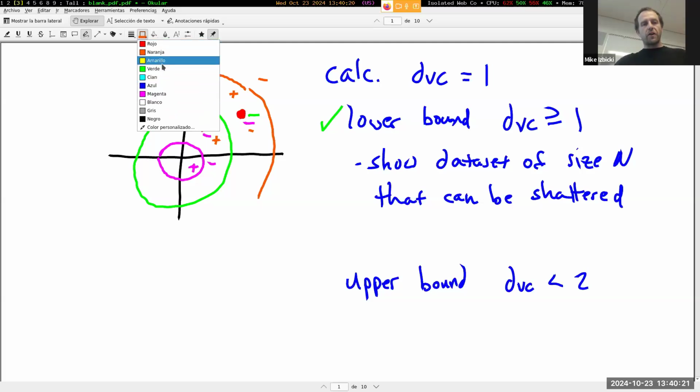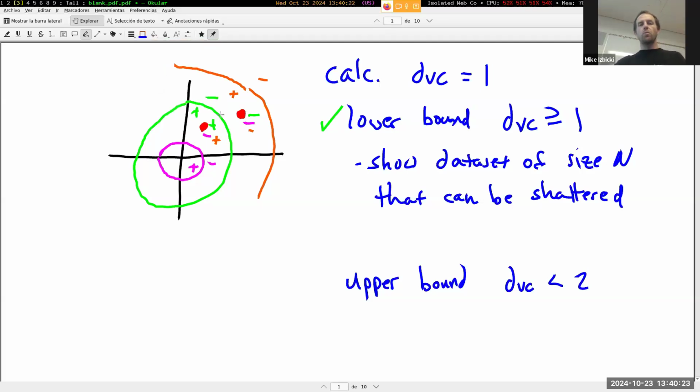But it turns out that there is no possible way that you can draw a circle here that will cause this inner point to be negative and this outer point to be positive. So a negative, positive like this. There's no way for this blue labeling to happen.